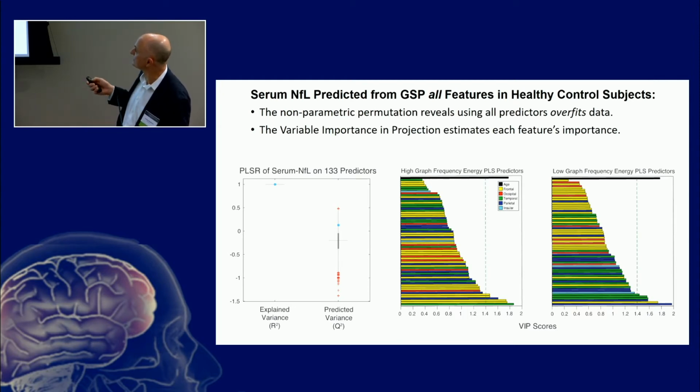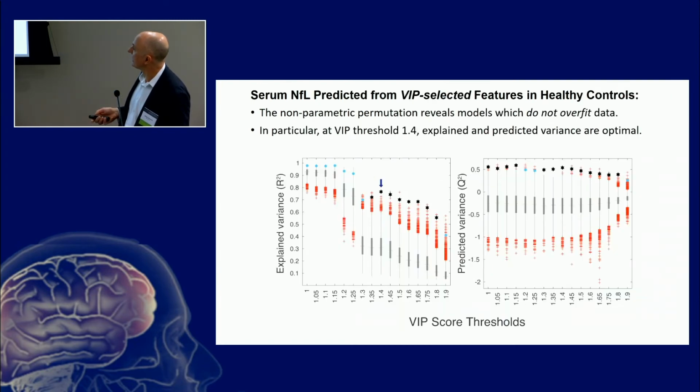So these are the measures of variable importance projection for each brain area for the high graph frequency and the low graph frequency energies. And we took a threshold, and we found that at that particular threshold, instead of being insignificant compared to a randomly shuffled distribution, we can get at 1.4 a significant explained and predicted variance.